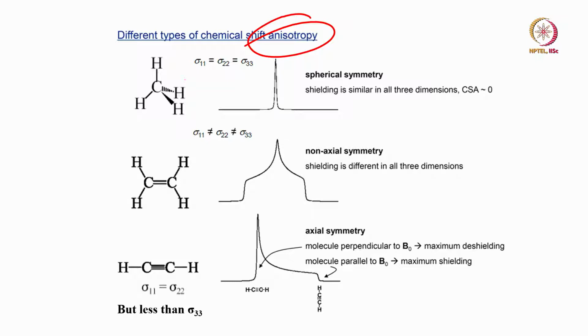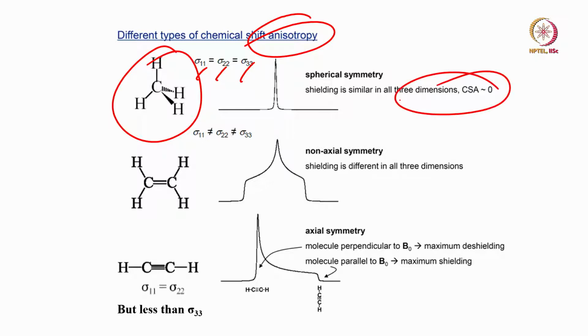For example, consider a molecule like CH4. Here sigma 1 equals sigma 2 equals sigma 3. All the three principal components are identical, they are equal. You know why? Because the molecule has a spherical symmetry. Shielding is similar in all three dimensions, in which case the chemical shift anisotropy is 0.